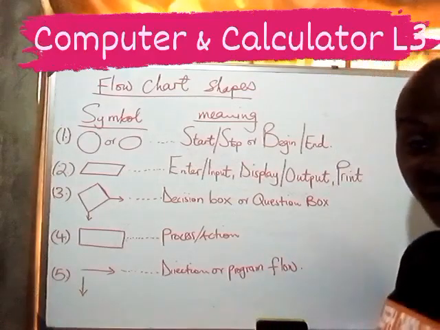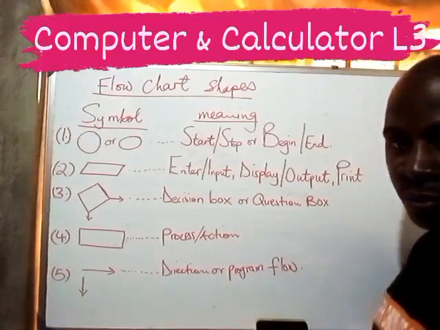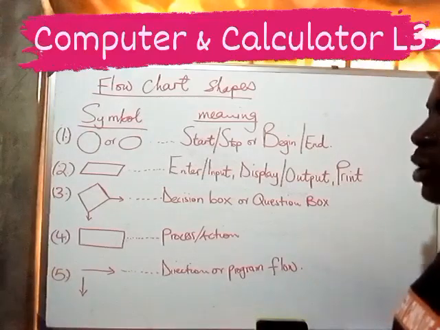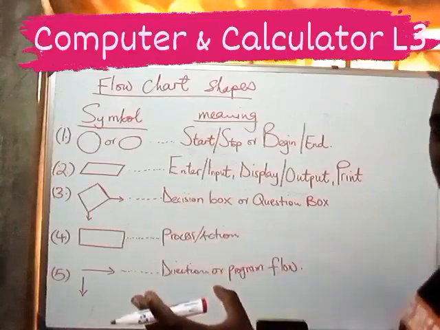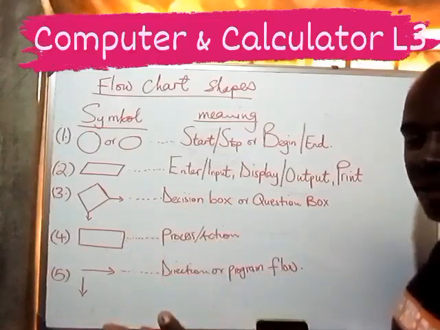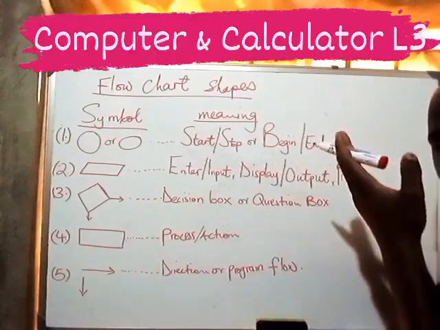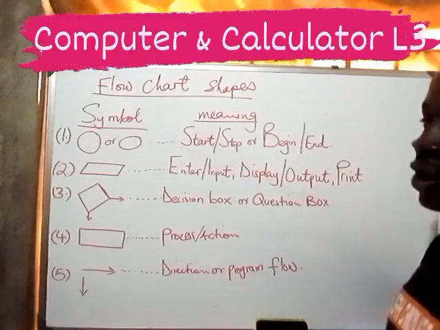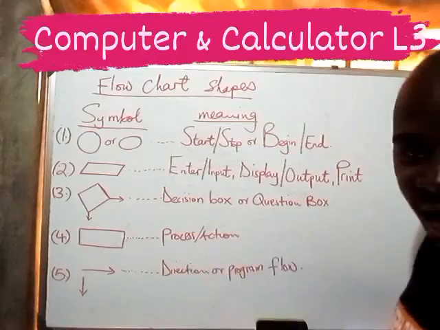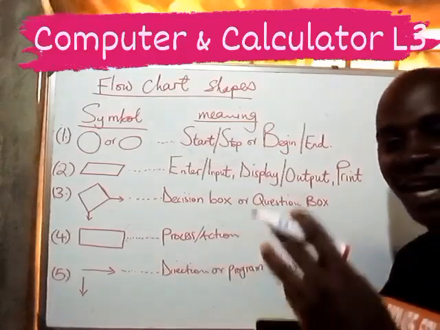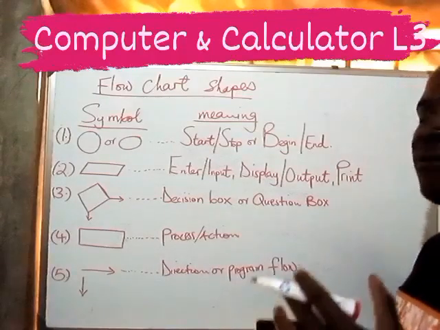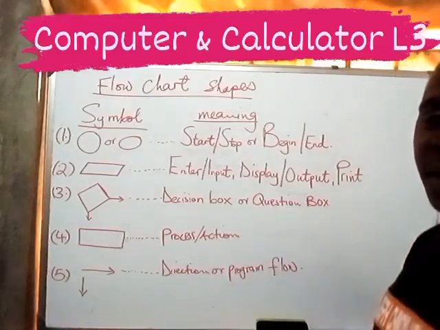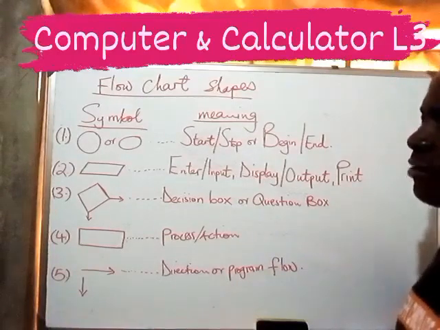Now, to every start, there must be a stop. Then it may also mean the begin. If it means the begin, it has to end with the end. So, to every begin, there is an end, but to every start, there is a stop. So this is what we have.